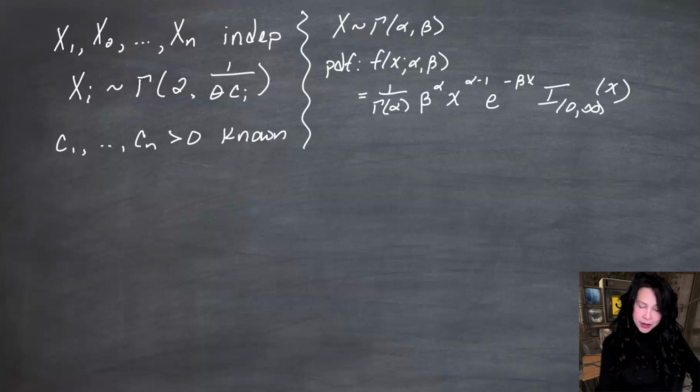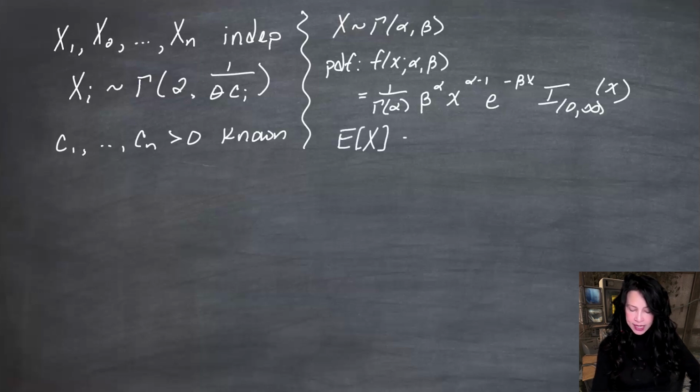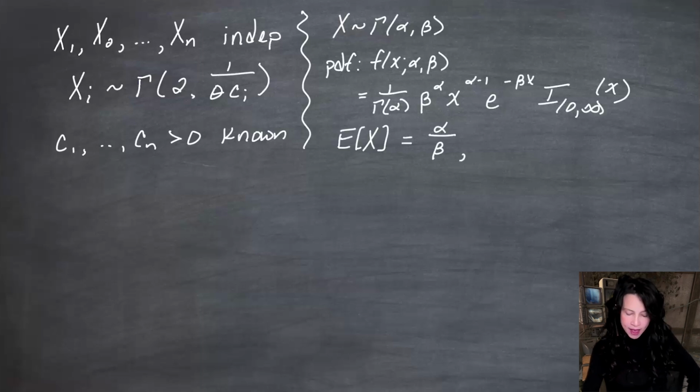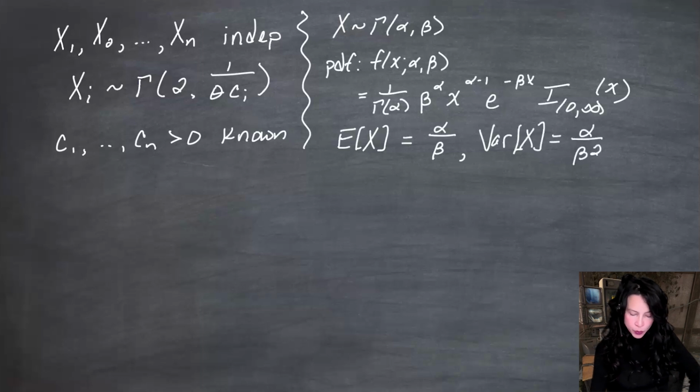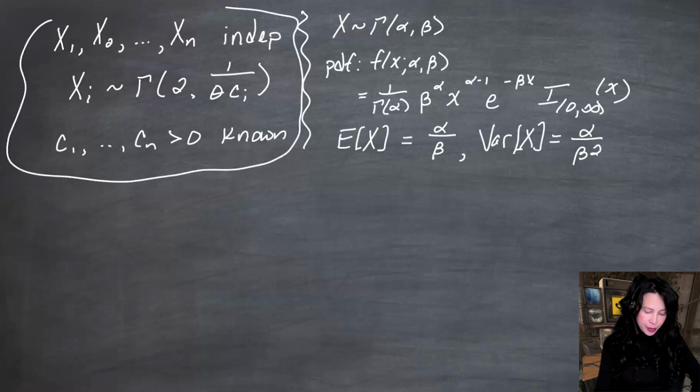So in here, I'm going to use my notation. And if you have this PDF, the expected value of x is alpha over beta, whereas if you use the other way to write down this PDF, then your expected value is alpha times beta. And in our notation here, the variance is alpha divided by beta squared, whereas you might see the variance as alpha times beta squared.